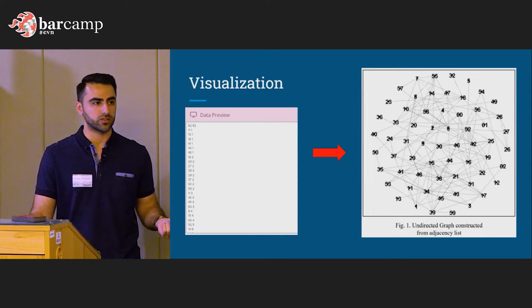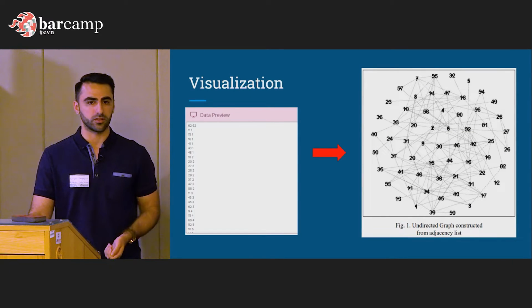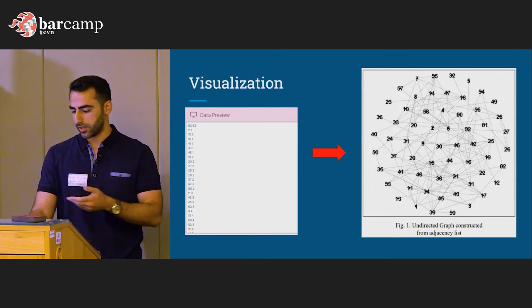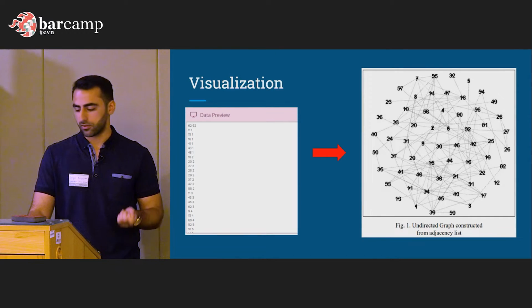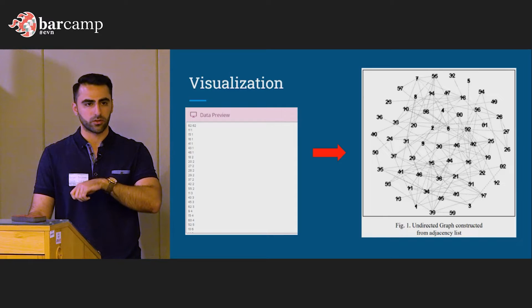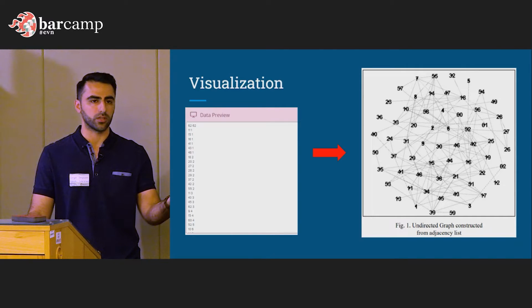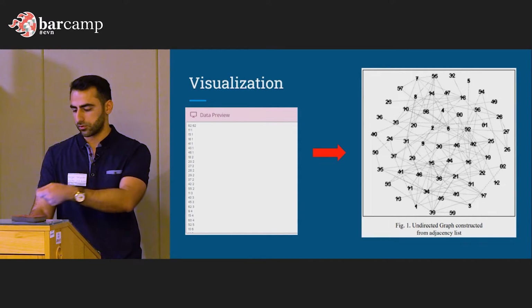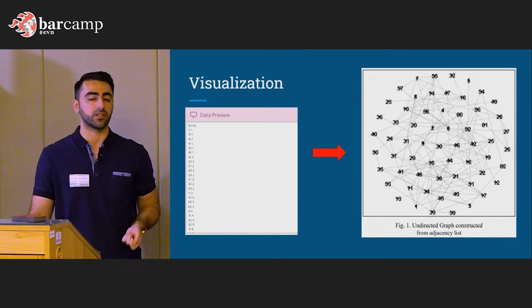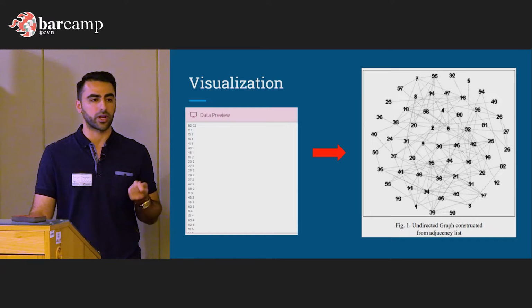And this is what the visualization looks like. So you have an adjacency list. You want to represent it as a graph, and this is what the graph can look like. Now, this graph isn't accurate when it comes to the distance between IDs. So just because two dolphins in this graph are next to each other, that doesn't mean they're actually forming a community. So that's important to understand when you're looking at these graphs.